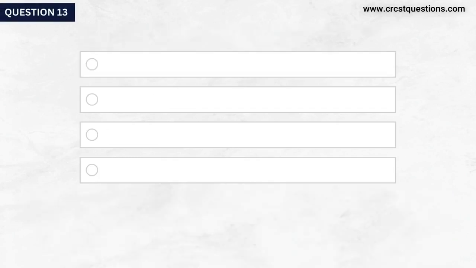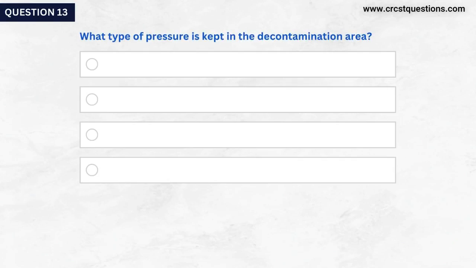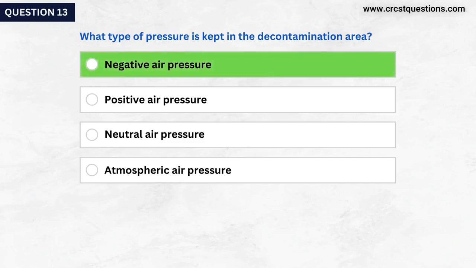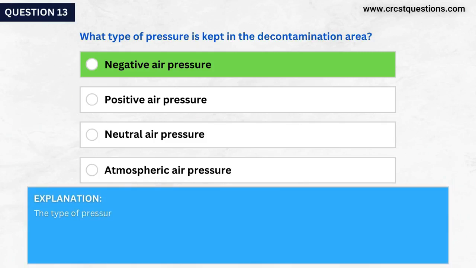Question 13. What type of pressure is kept in the decontamination area? Negative air pressure, positive air pressure, neutral air pressure, atmospheric air pressure. The correct answer is negative air pressure. Explanation. The type of pressure that is typically kept in the decontamination area is negative pressure.